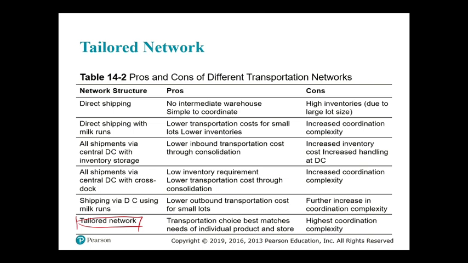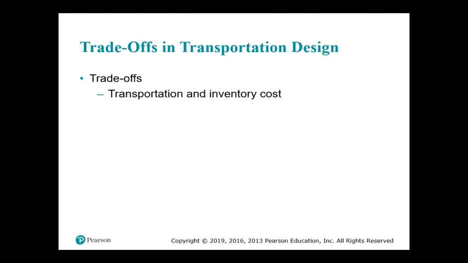We not only want to look at the cost of transportation, but we also want to look at the cost related to inventory. So this brings us to the main trade-off for transportation design. So the main trade-off is transportation versus inventory.